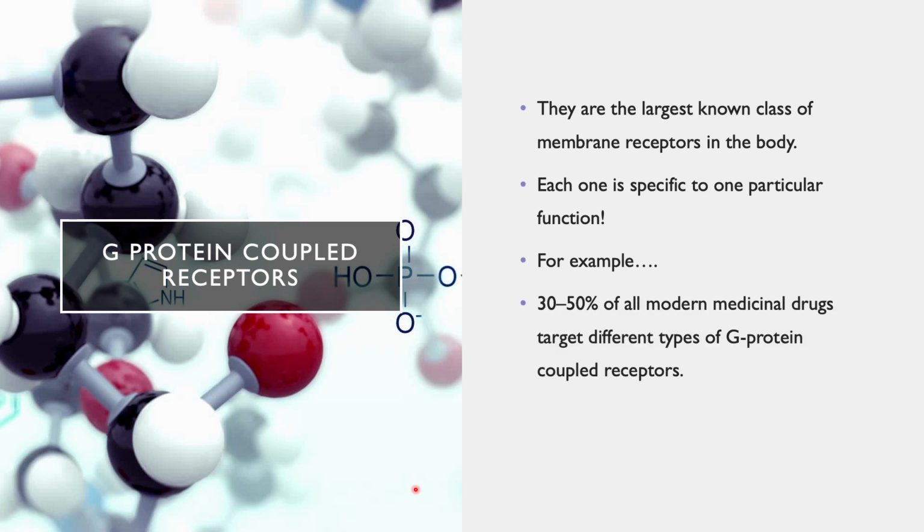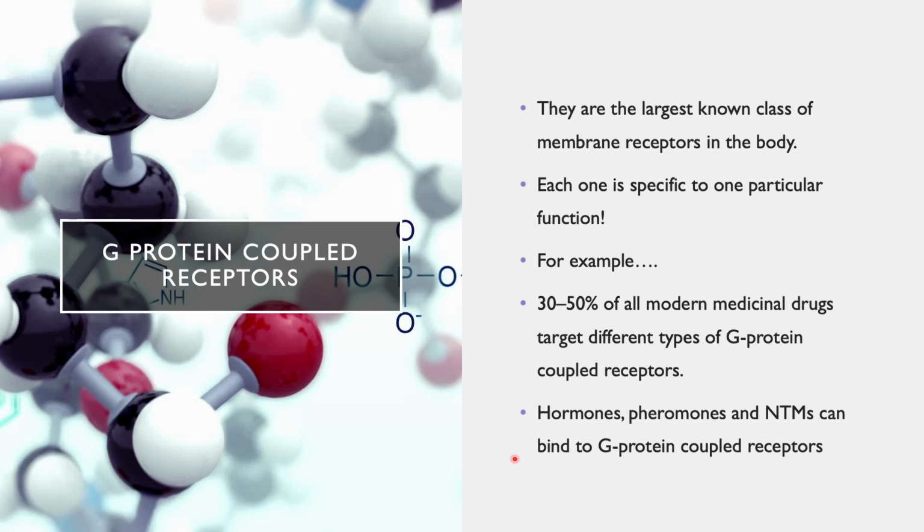For example, 30 to 50% of all modern medicinal drugs target different types of G protein coupled receptors. They can help regulate the immune system and our mood via modulation of serotonin and dopamine, and even more. Hormones, pheromones, and neurotransmitters can bind to G protein coupled receptors.